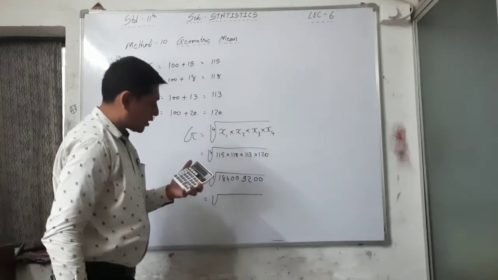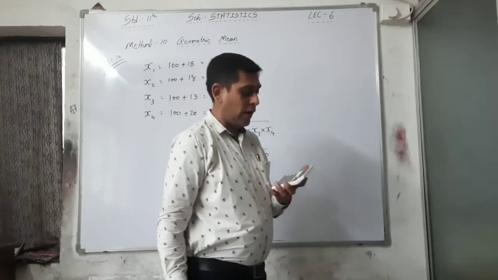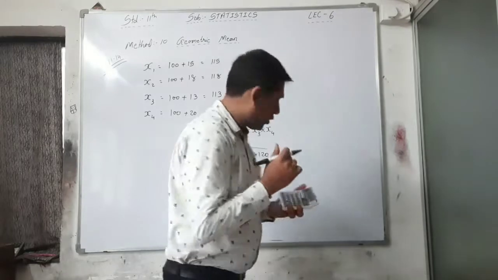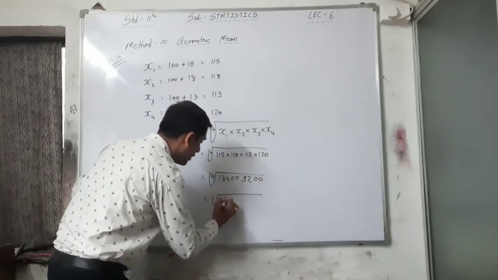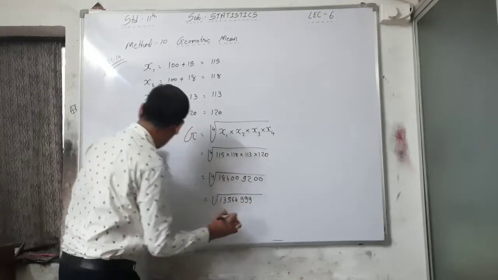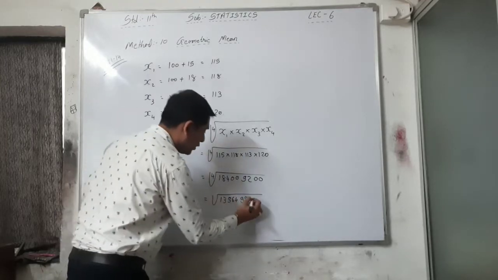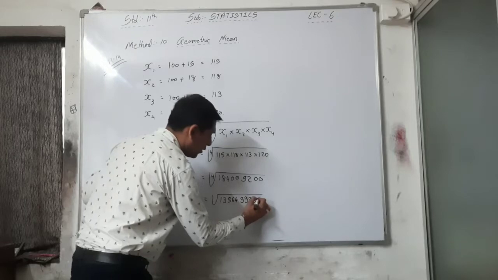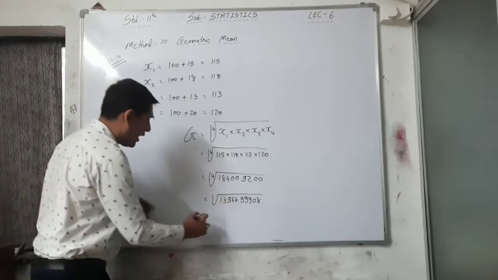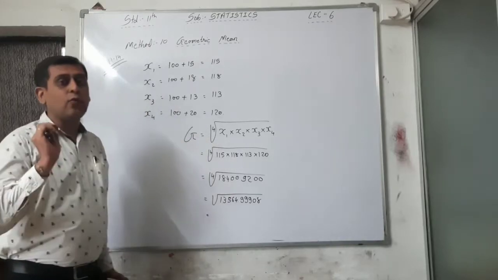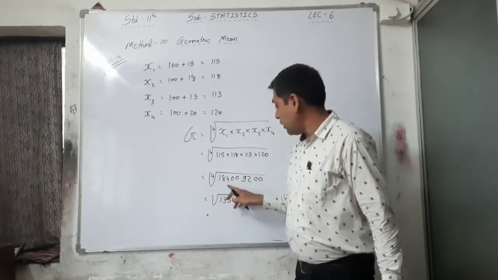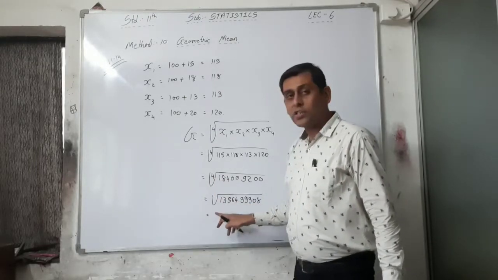What is the square root? 13,564.99907, or you can say 08, because 78 is there. Now again see, for the 4th root you have to first of all find the root, that is this root. Now only one root is remaining.